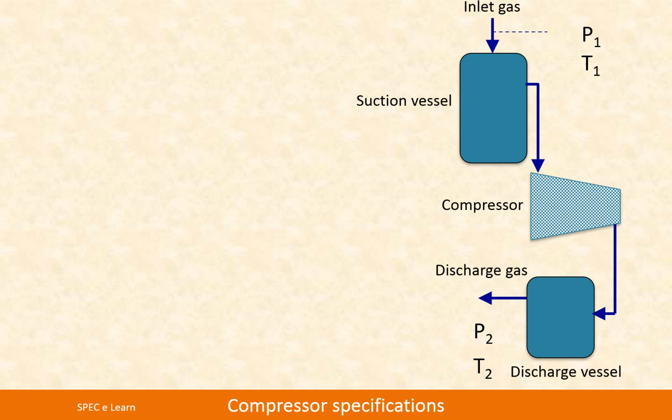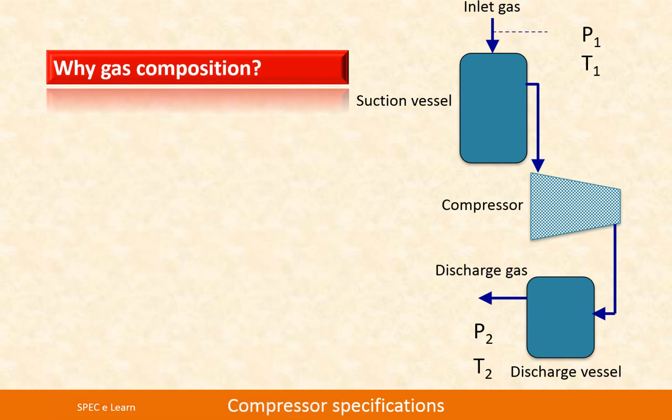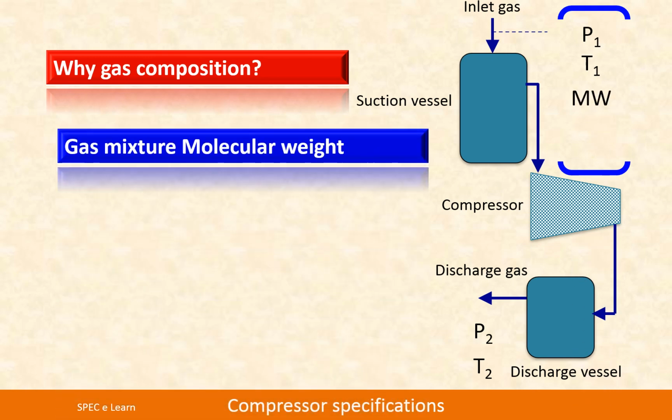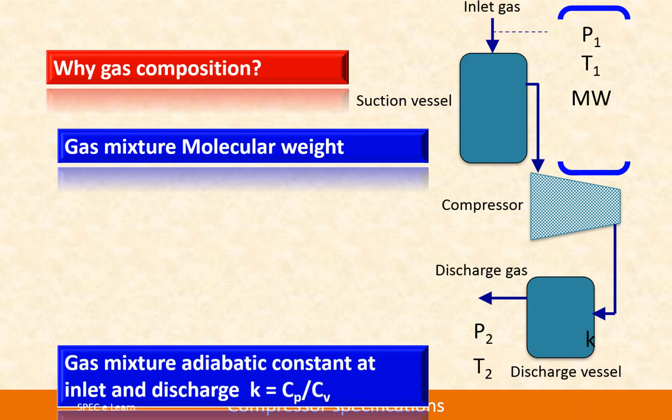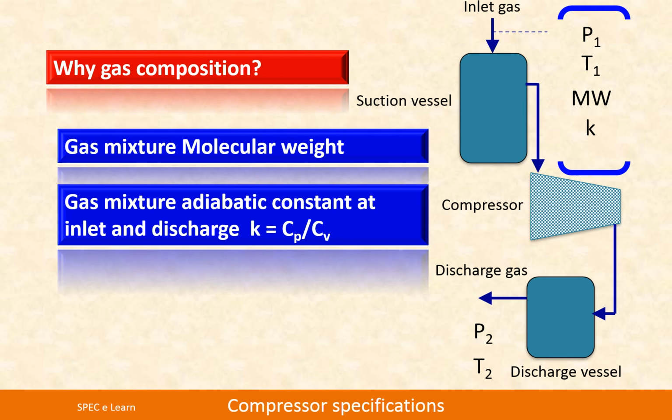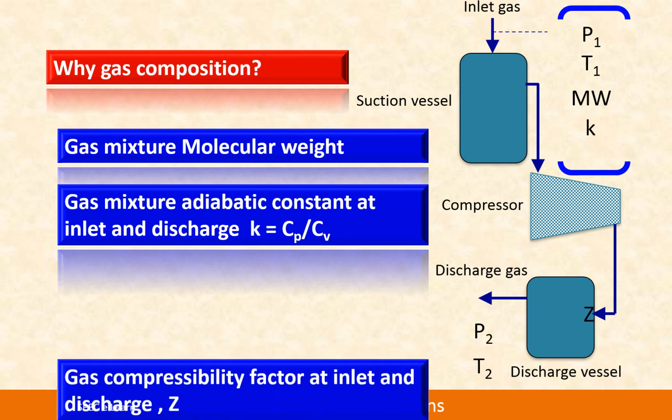Why specify gas composition? Gas composition can change. Along with it, their physical and thermodynamic properties can also change. These properties include gas mixture molecular weight, gas mixture adiabatic constant at inlet and discharge, gas compressibility factor at inlet and discharge.